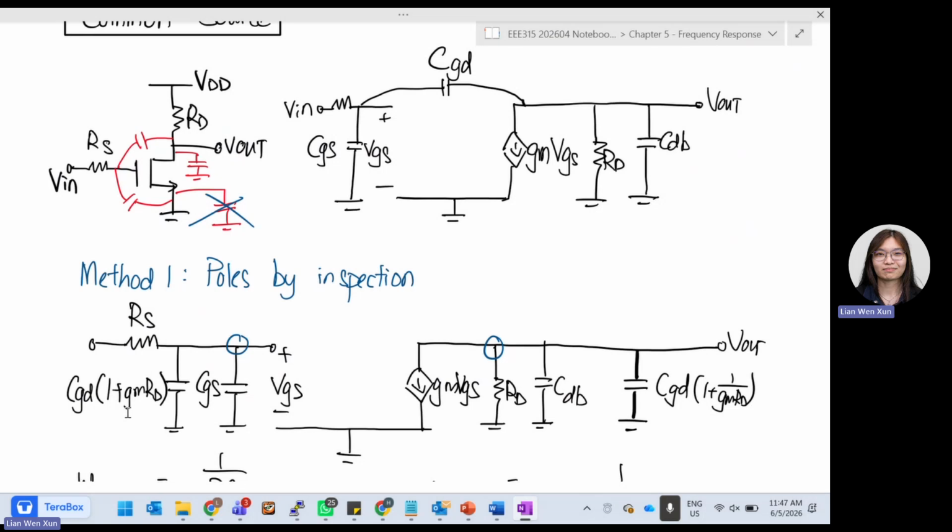So in the end, it's just CGD times 1 plus gmRD, because this is a common source. So the A is basically negative gmRD. Negative, negative becomes positive. So plus gmRD. So it's CGD times 1 plus gmRD at the left-hand side. At the right-hand side, it will be CGD times 1 plus 1 over gmRD.